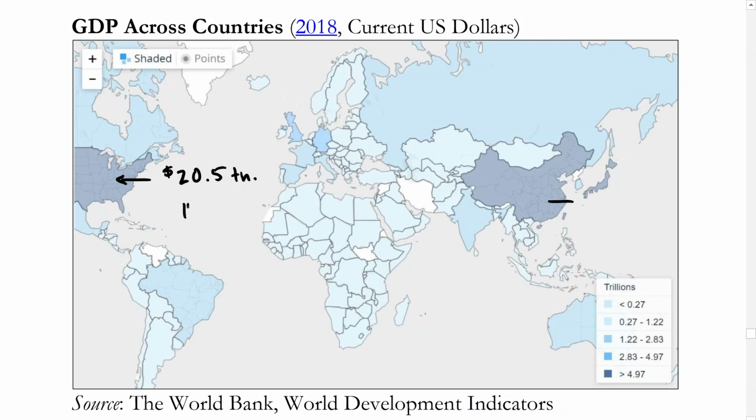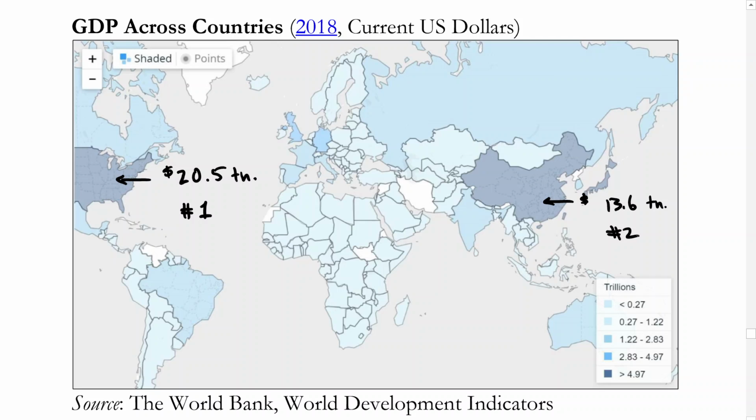And China was number 2 at 13.6 trillion US dollars.